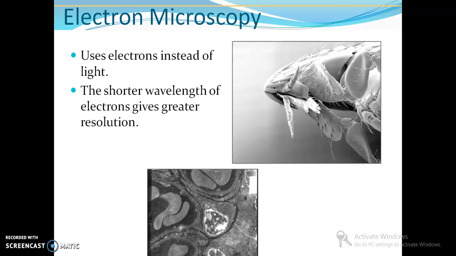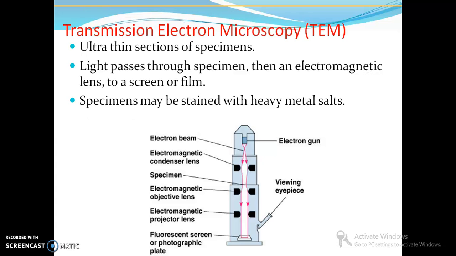The limit of resolution is improved by a factor of 1000 over the light microscope. The transmission electron microscope, TEM in short, produces a two-dimensional image of an ultra-thin section by capturing electrons that have passed through the specimen.